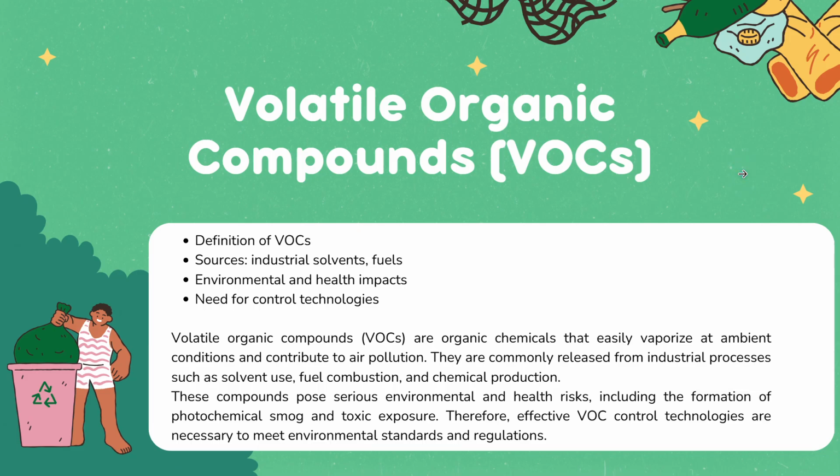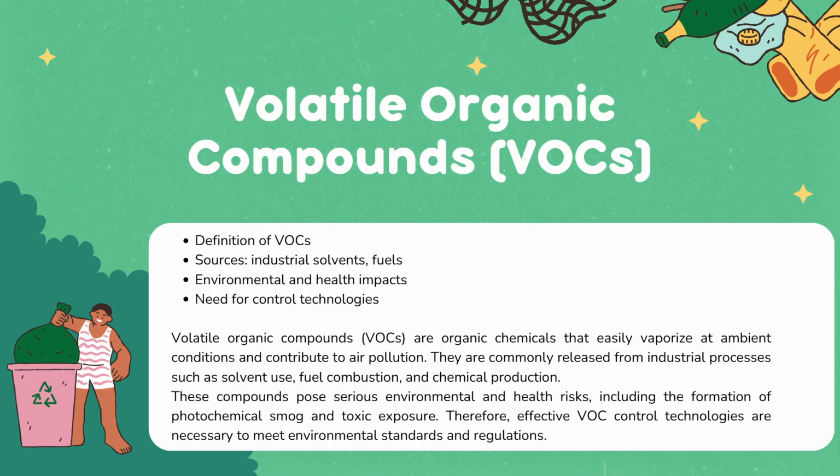The volatile organic compound, or VOC: the definition of VOC, the sources from industrial solvents and fuel, the environmental and health impact, and the need for control technology. For the definition, volatile organic compounds are organic chemicals that easily vaporize at ambient conditions and contribute to air pollution.